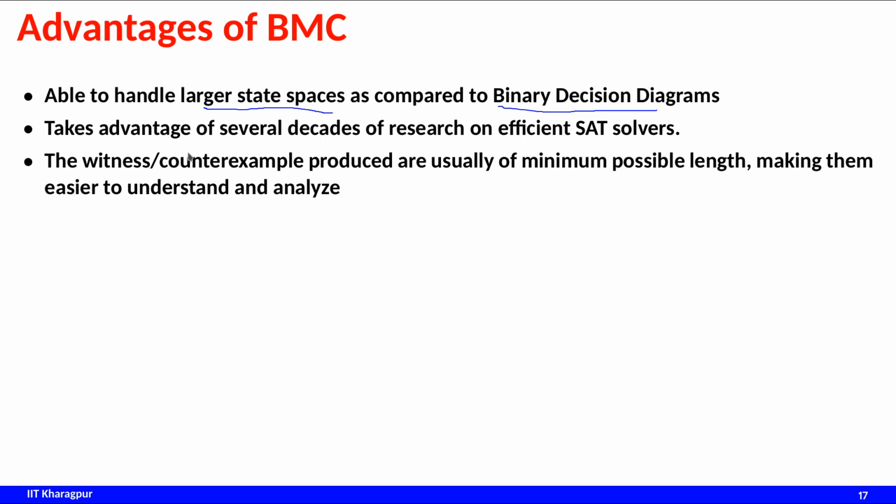The witness or counterexample that is produced is usually of minimum possible length, making it easier to understand and analyze, because once we cannot make any claims up to a path length of k, then we expand it to k plus 1. So gradually we increase, and it effectively produces the minimum possible length.